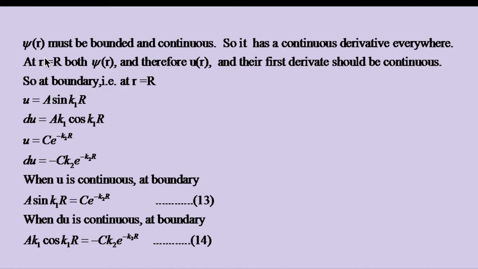And this psi(r) must be bounded and continuous. We have mentioned that it is a bound system and it should be a continuous one. That means if a system is existing between a limit, between a value, that system should exist at all points between the value.